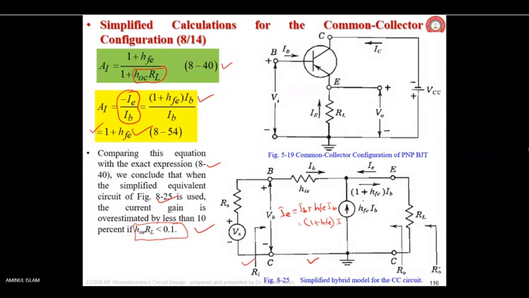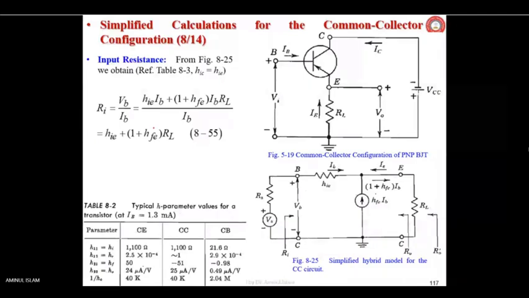Similarly, if you calculate the input resistance, Ri is the input voltage divided by the input current. The input voltage is VB, which is connected to the base terminal, and IB is the input current. And what is VB? It is the voltage across the input resistance of the device plus the voltage across RL.